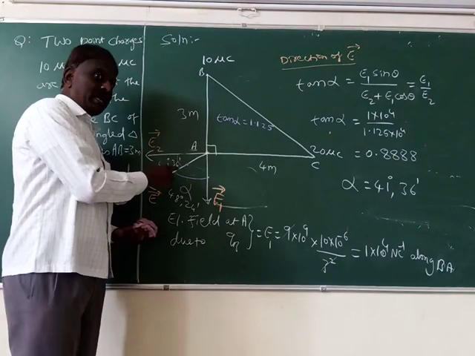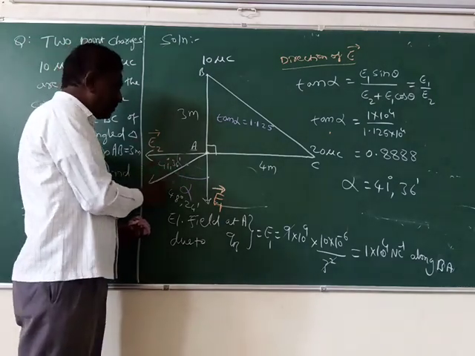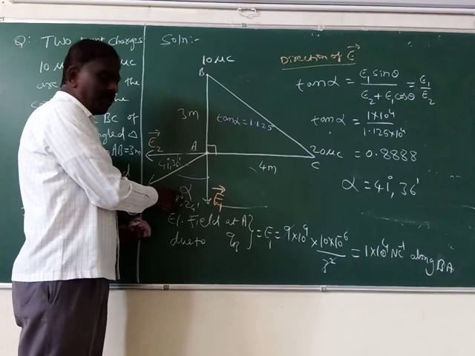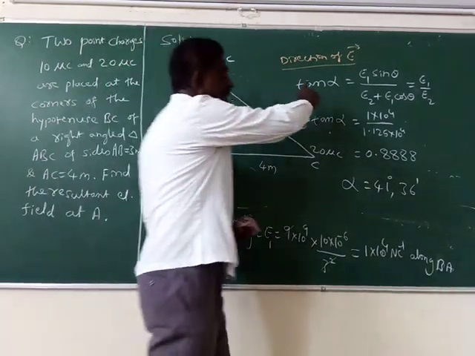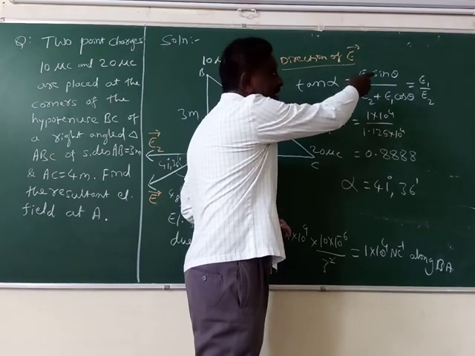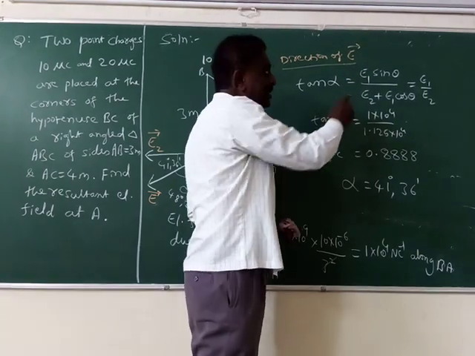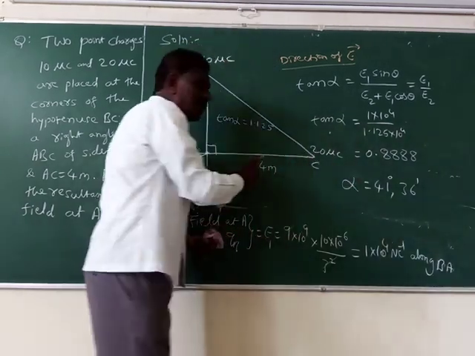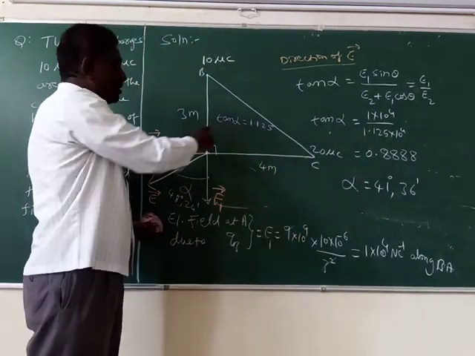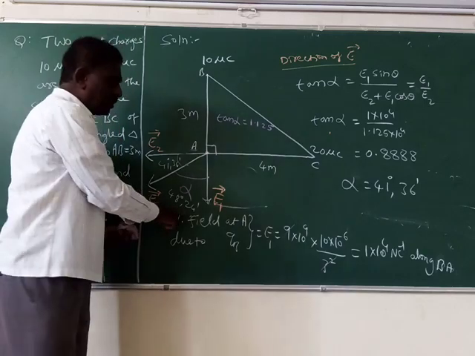So you can either take the angle between E1 and E as alpha and simplify using the formula tan alpha equal to E2 sin theta by E1 plus E2 cos theta, which is equal to E2 by E1, which is equal to 1.125, and the corresponding angle is 48 degrees 24 minutes.